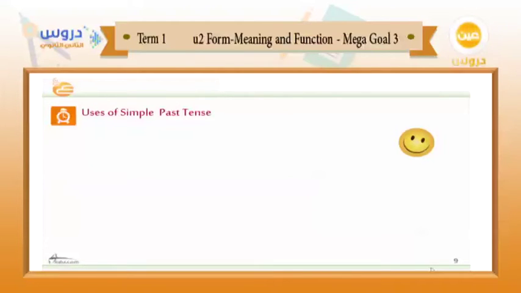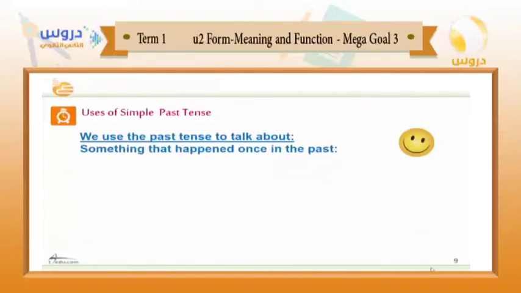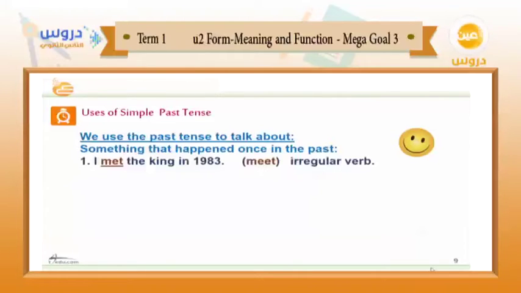We use the simple past tense to talk about something that happened once in the past. For example, I met the king in 1983. This is something that happened once in the past. And of course, meet is an irregular verb, and its past is met.